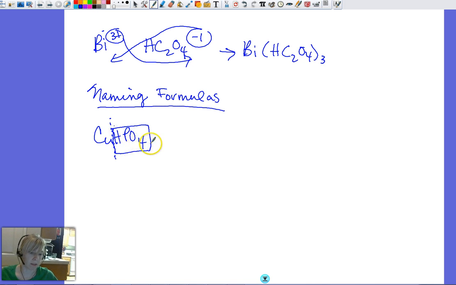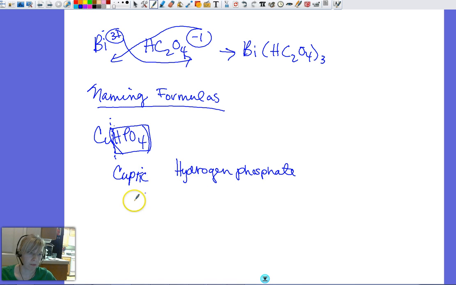It's not a transition metal. So this is going to be hydrogen phosphate. And whatever the charge is on this ion, since there's no brackets here, you know they have to be the same because they cancel each other out. And when you look at your sheet, the one that corresponds with the correct charge is cupric. So cupric hydrogen phosphate.